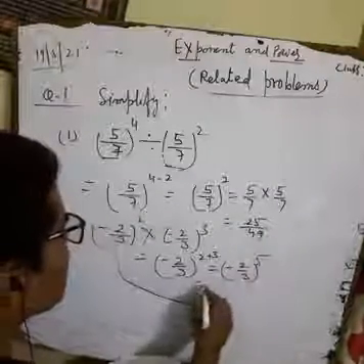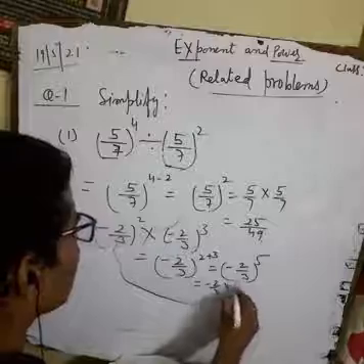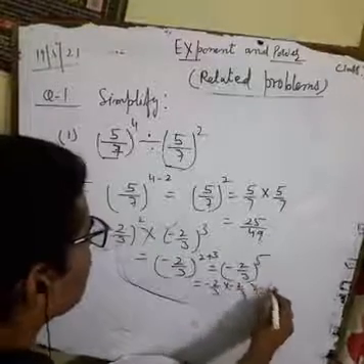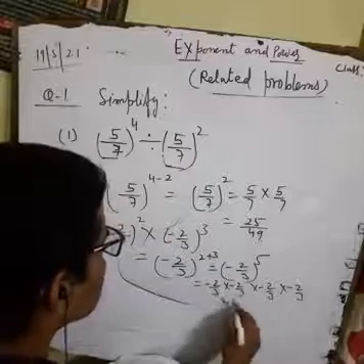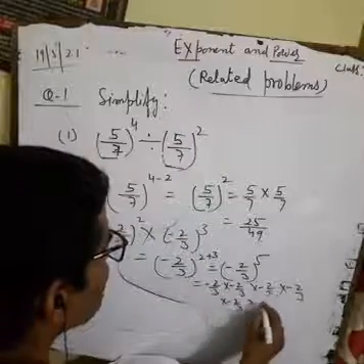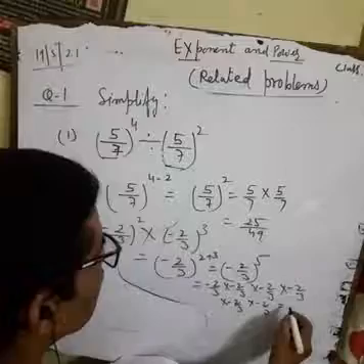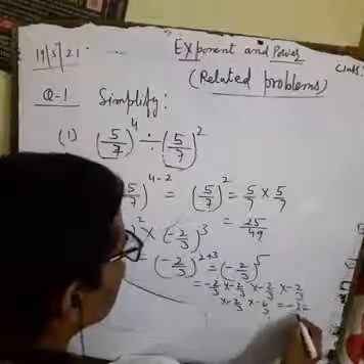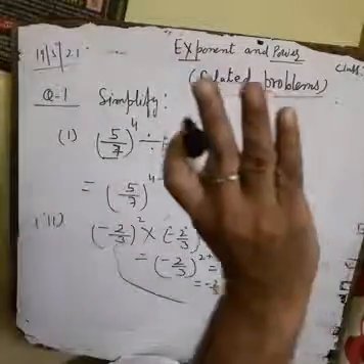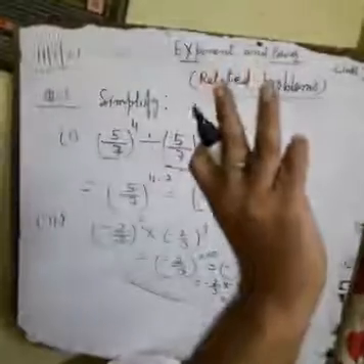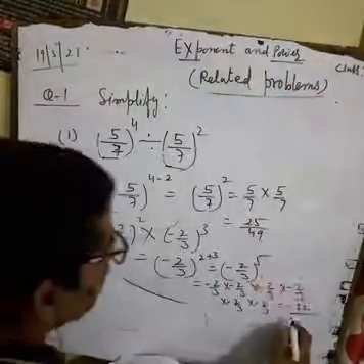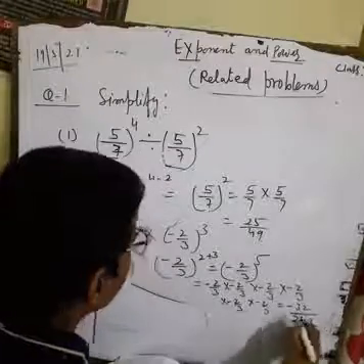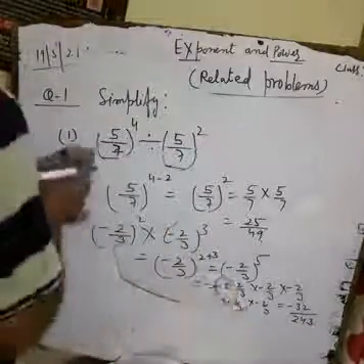It means minus 2 upon 3 multiplied five times. So minus 32 upon 3 into 3 is 9, 9 into 3 is 27, 27 into 3 is 81, 81 into 3 is 243. 32 upon 243 is the answer.